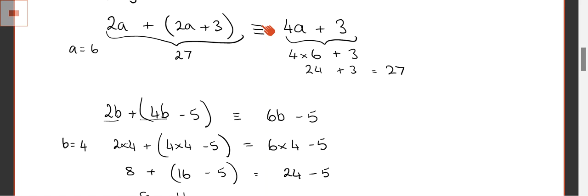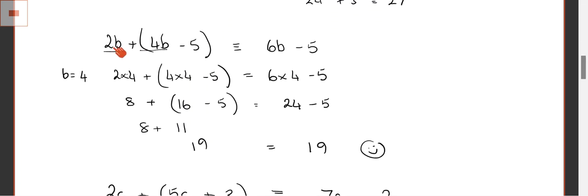They're equal, exactly the same as each other, always equal to each other. So if I checked with a equals 6, I substituted the a with a 6, and the left-hand side, the unsimplified, would equal 27. The right-hand side, the simplified, should also equal 27. Otherwise, we've done something wrong.